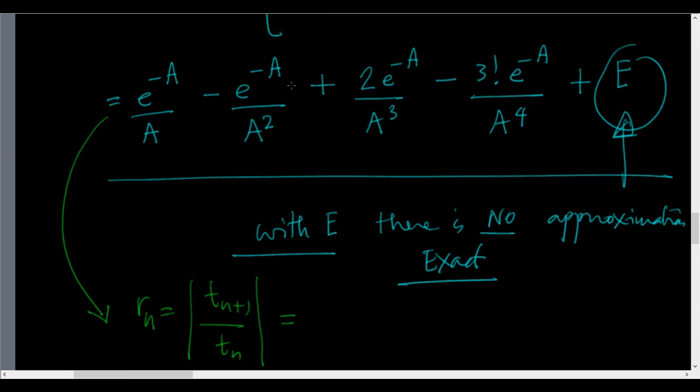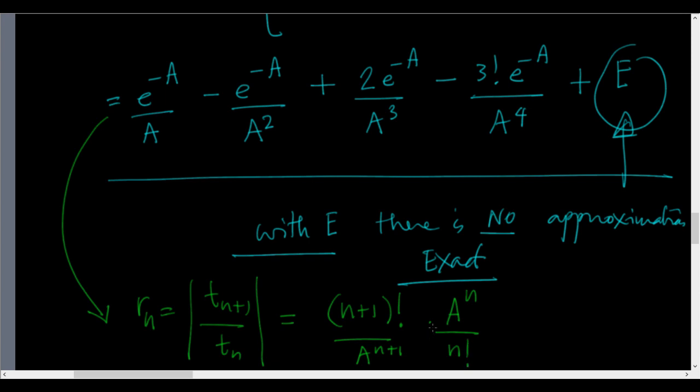Tn plus 1 means I have n plus 1 factorial by a to the power n plus 1, and then over here I have a to the power n factorial n.